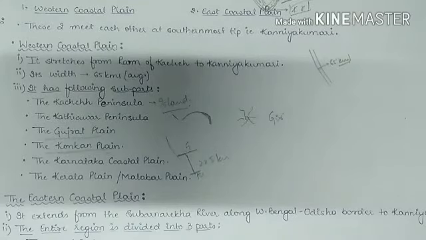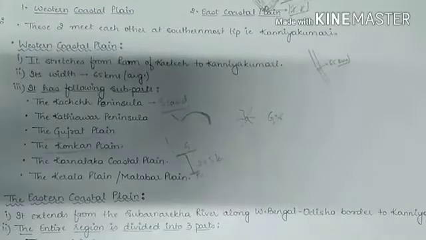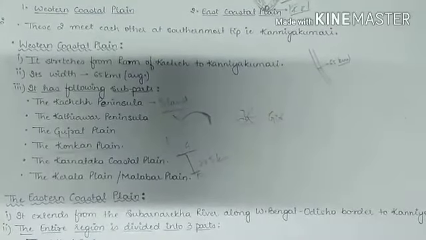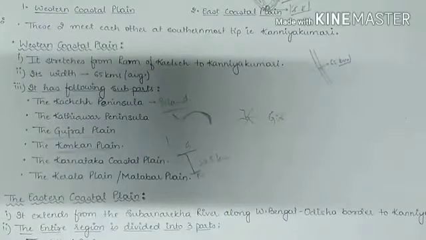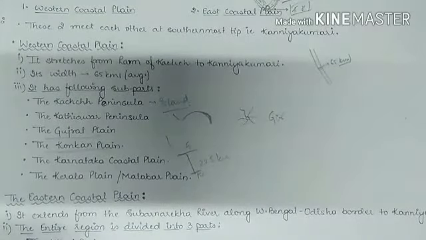The central part of the plain is crossed by numerous spurs projecting from the ghats. Okay, now at some places we have ghats that descend along a steep slope and make waterfalls.